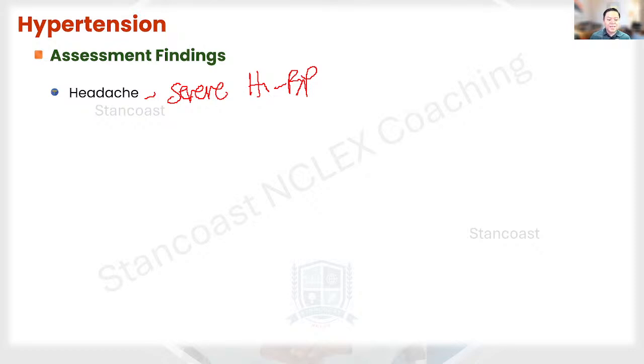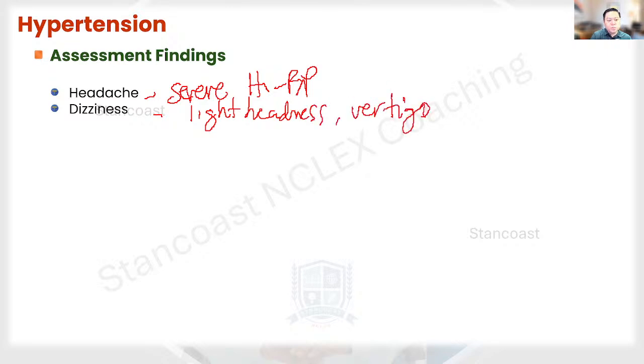They're going to get dizzy because it can really disrupt the balance mechanisms in the inner ear, or it can affect the blood flow to the brain. So they're going to end up with some kind of a lightheadedness, or let's say vertigo. So these are going to be associated with that.